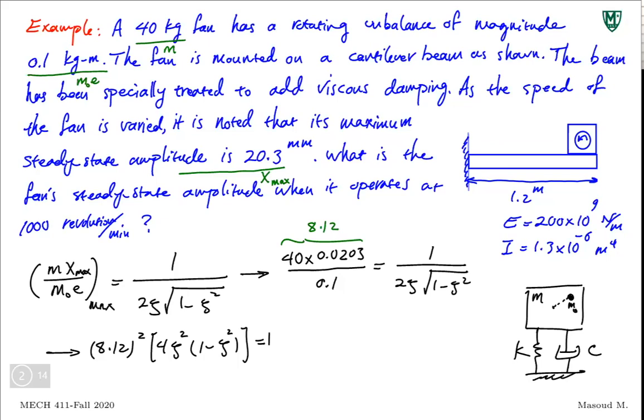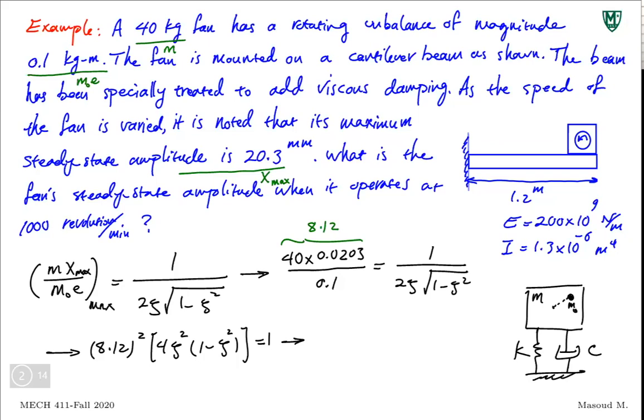So if you do this calculation, you'll get an equation in the form of zeta to the 4th and zeta squared. I can give you the equation directly instead of going into details of doing the math. But that's what you're going to get. Let me use my notes, make sure. Yeah.